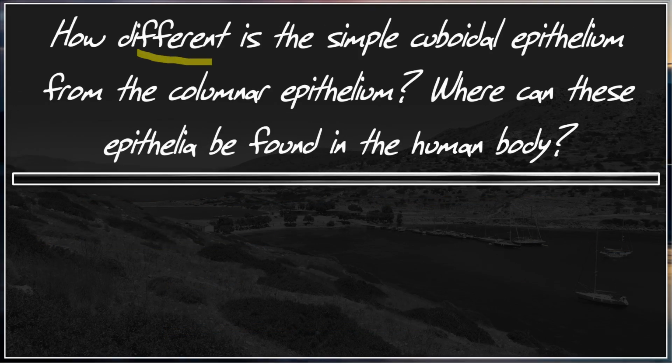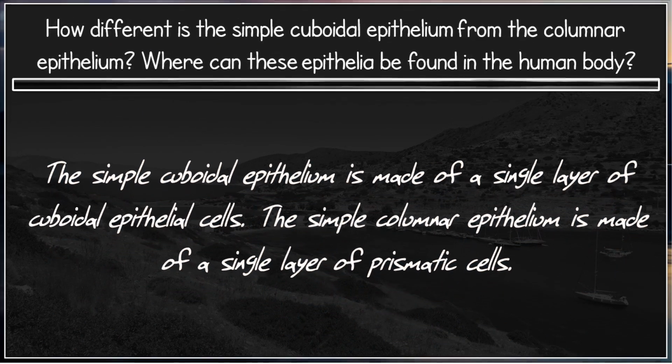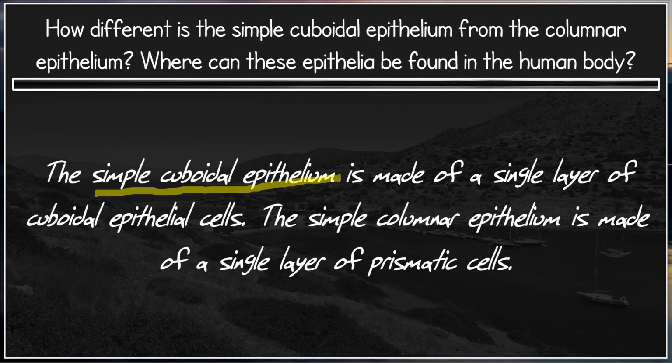How different is simple cuboidal epithelium from columnar epithelium? Where can these epithelia be found in the body? The simple cuboidal epithelium is made of a single layer of cuboidal epithelial cells.